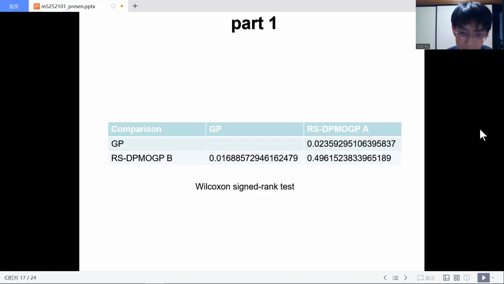Let's check: the conventional genetic programming with proposed method A has a significant difference, and B with conventional genetic programming also got a significant difference, but A with B does not have a significant difference, because as I said, the difference between A and B is just that B got more competition at the pre-learning part.